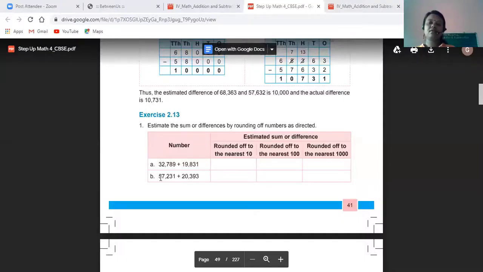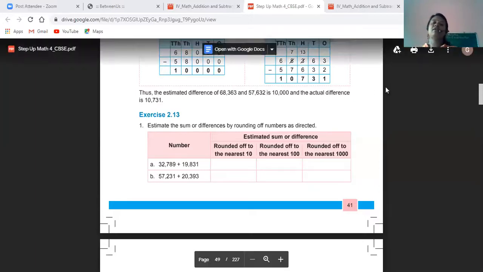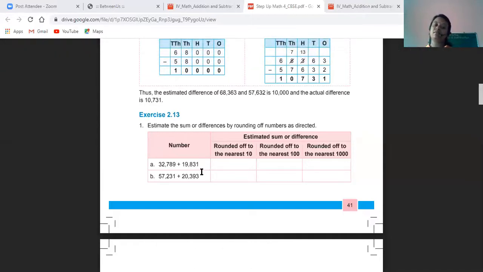As you can see, here's a question that states, estimate the sum or difference by rounding off numbers as directed. So let us solve the first question, which states 32,789 plus 19,831.